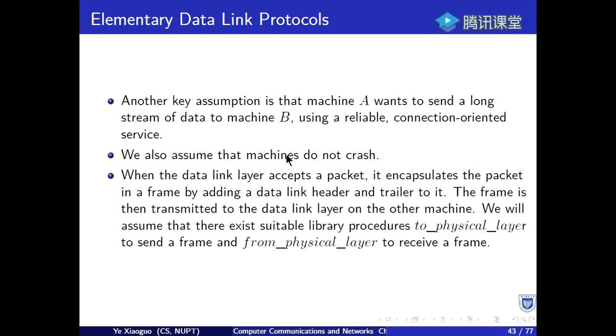We assume that machines do not crash. When the data link layer accepts a packet, it encapsulates the packet in the frame by adding a data link header and a trailer to it.